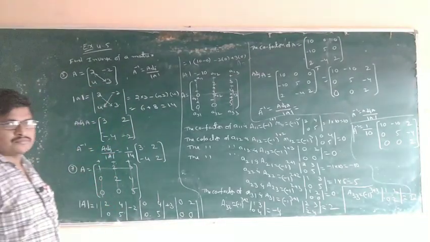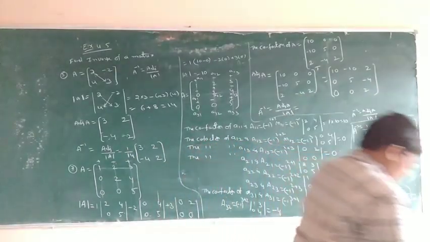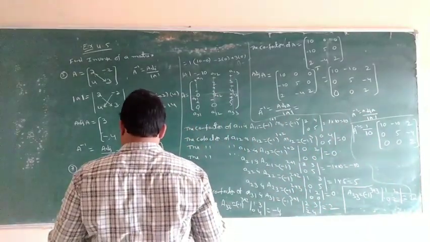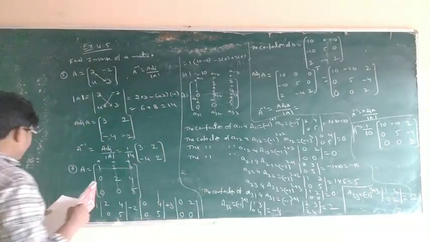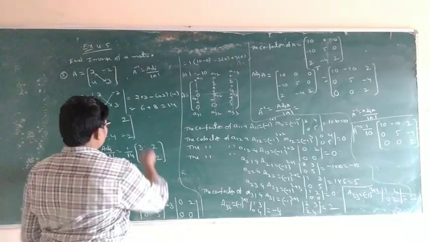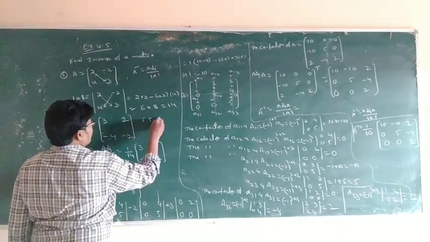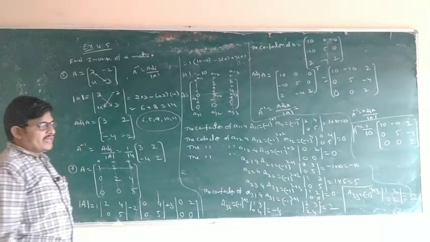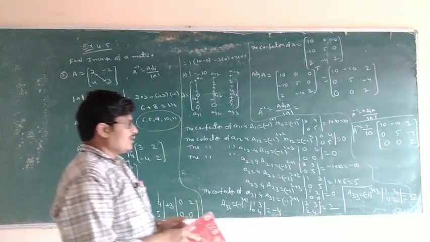So this one. Okay. Problems 8 to 11: 5 and 7 completed, now 6, 8, 9, 10, 11. These are all 2 by 2 and 3 by 3 matrix inverses.